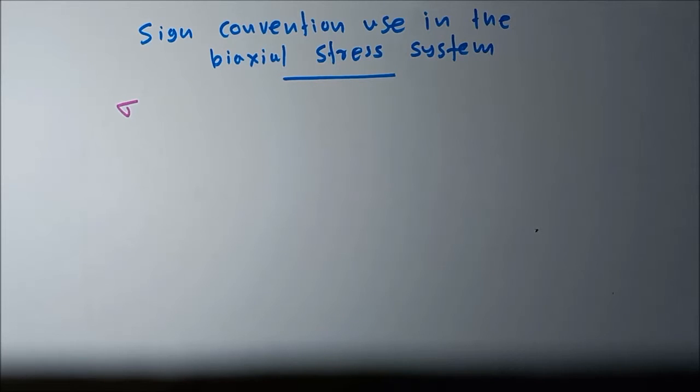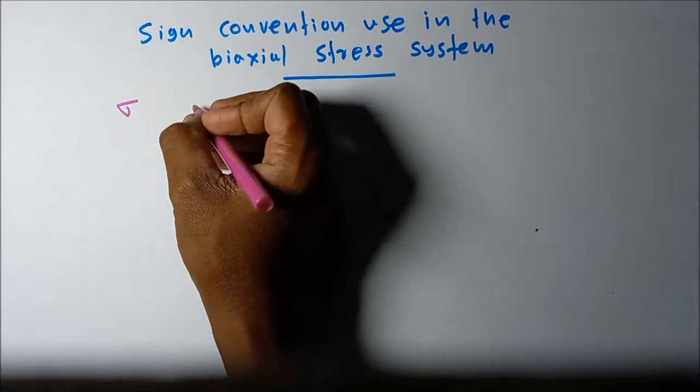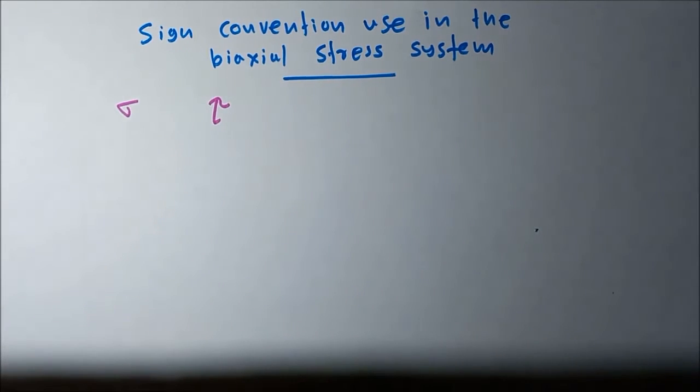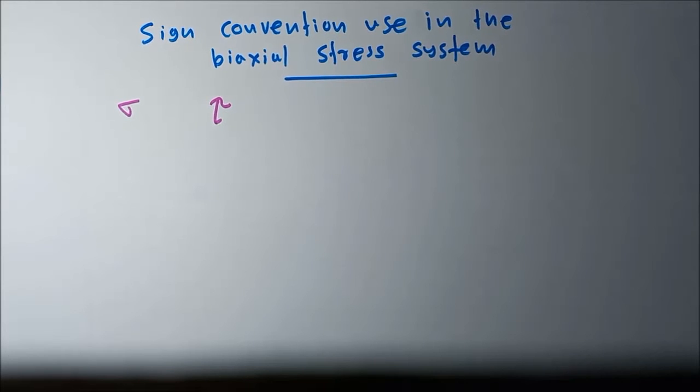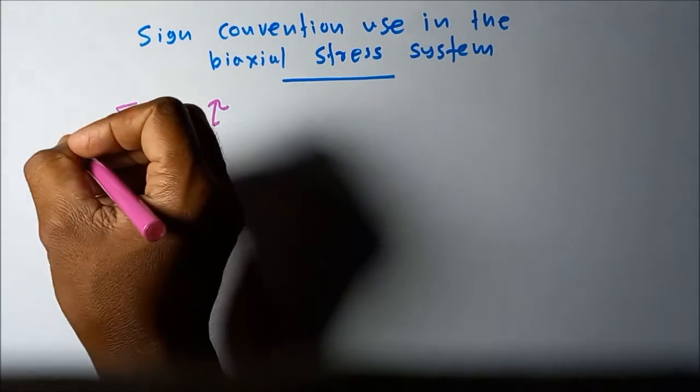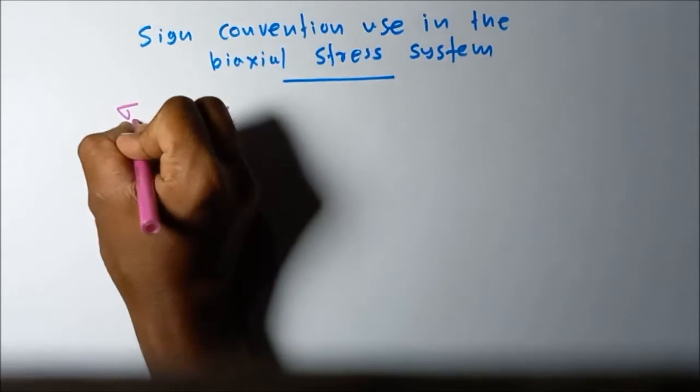To represent the normal stresses, we are using sigma. To represent the shearing stresses, we are using tau. Then to represent the plane on which it is acting and the direction it is directing, we are using two subscript letters.